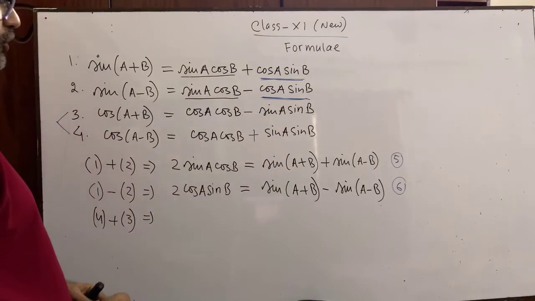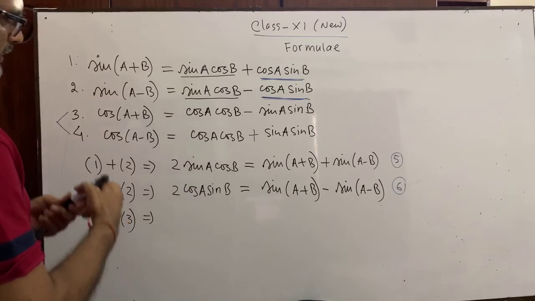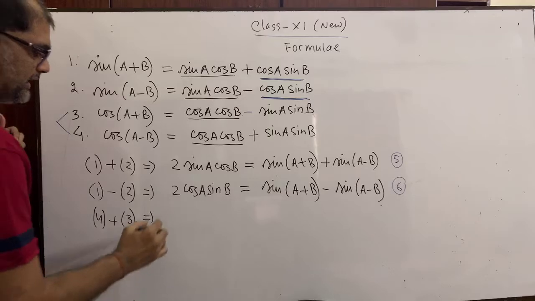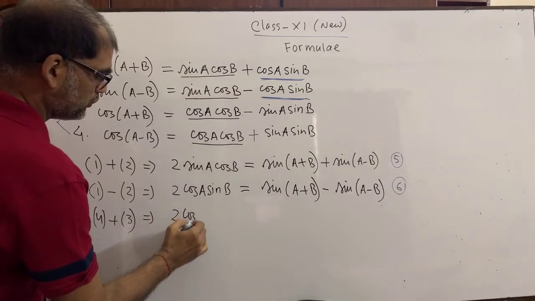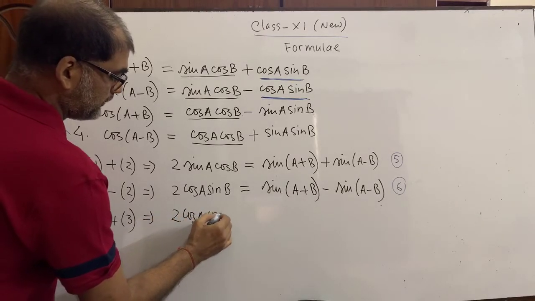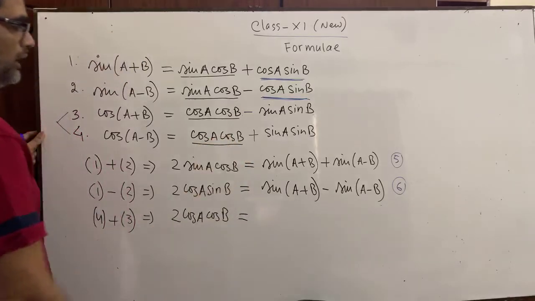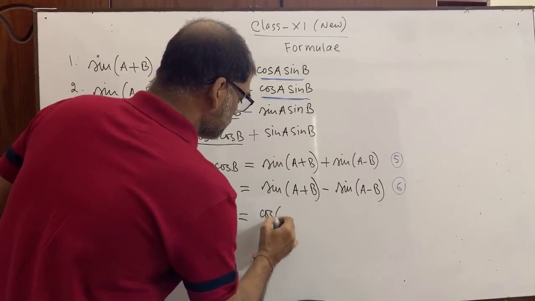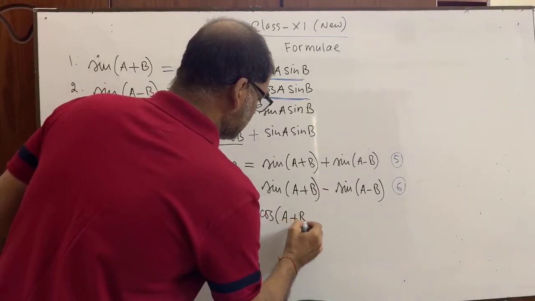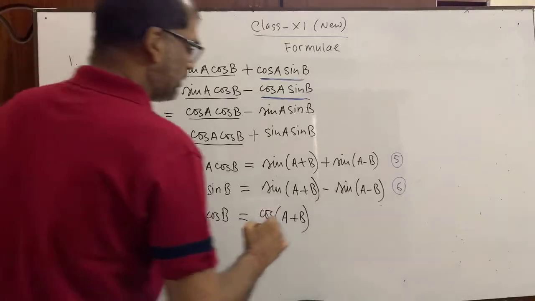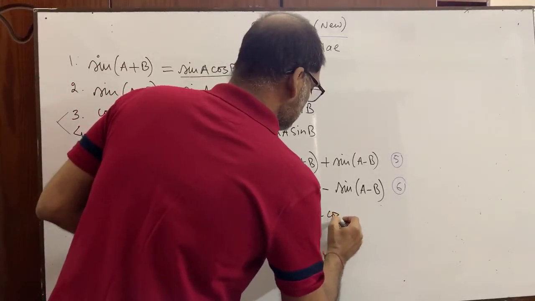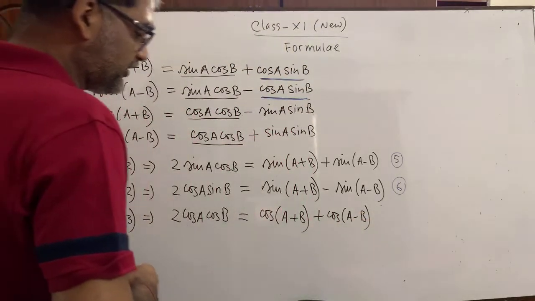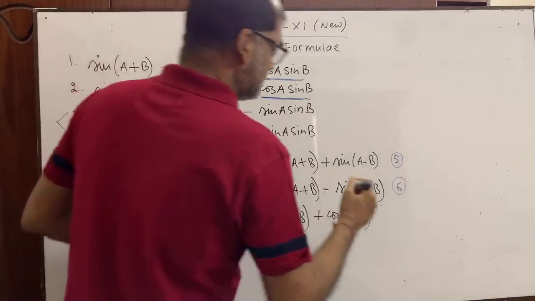So we will be left with cosine A cosine B, cosine A cosine B, 2 cosine A cosine B is equal to cosine of A plus B plus cosine of A minus B. And this is formula number 7.